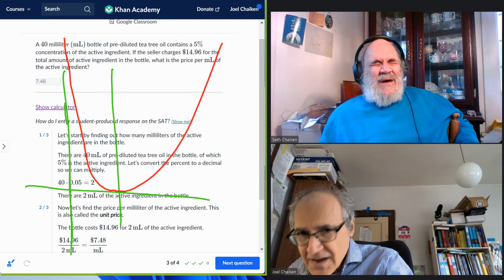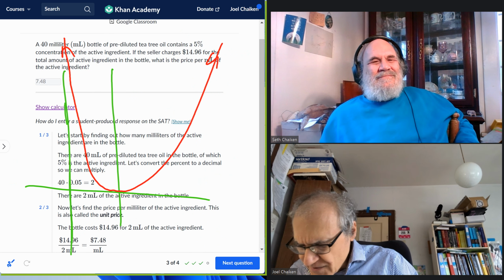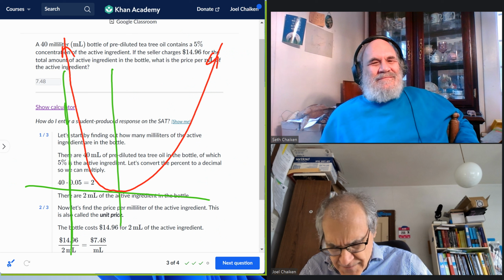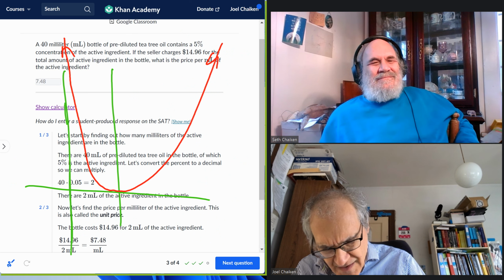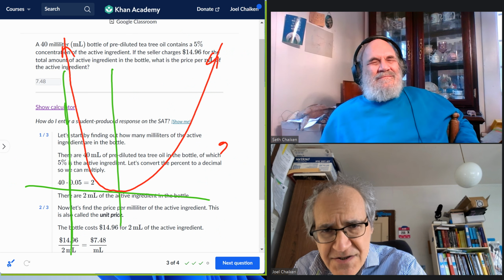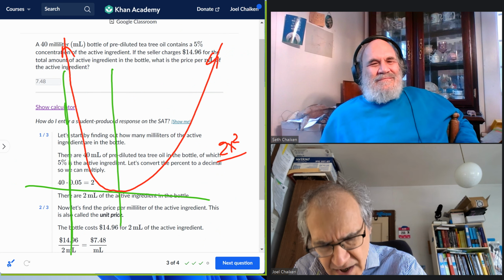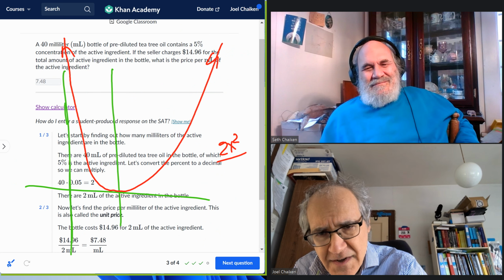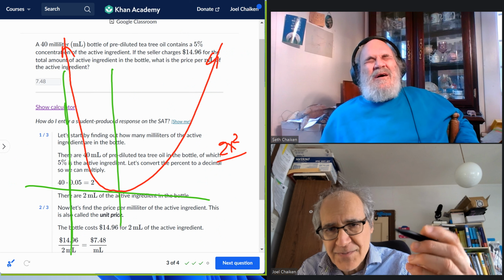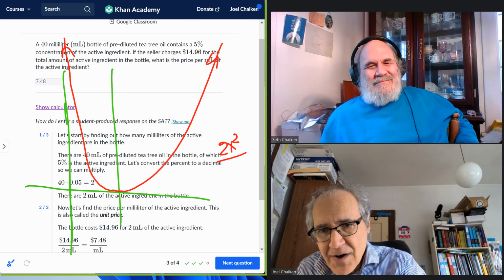And the actual function, if anyone cares, is 2x squared divided by x squared minus 1.